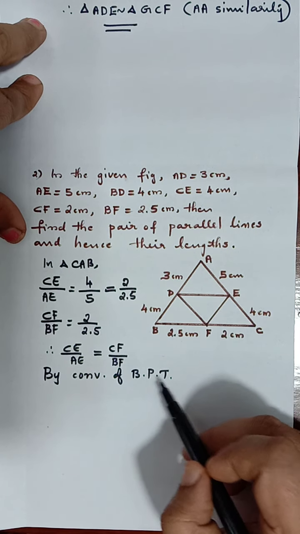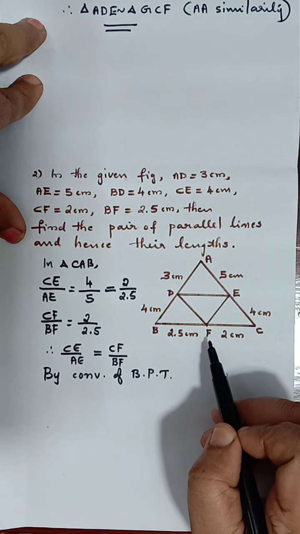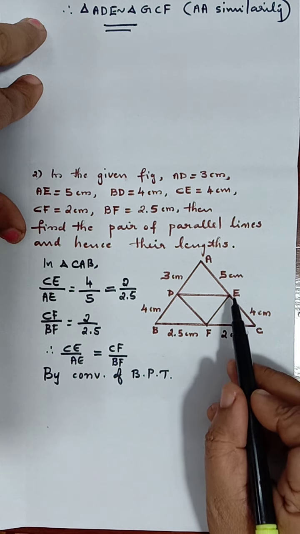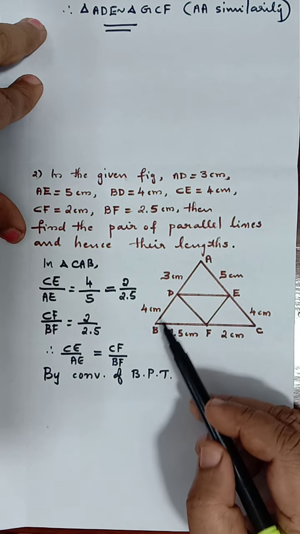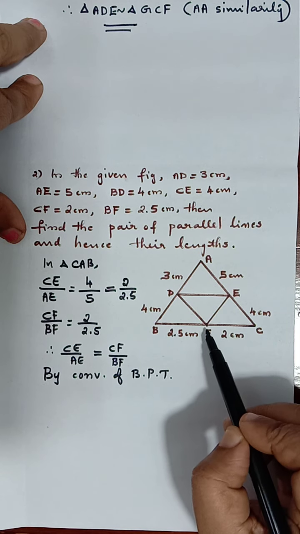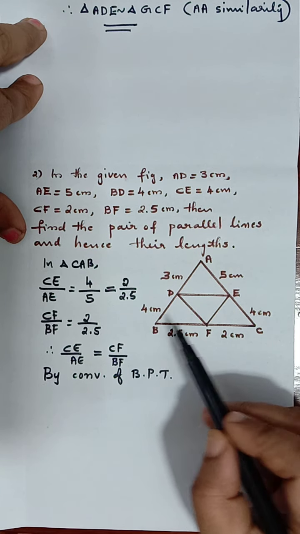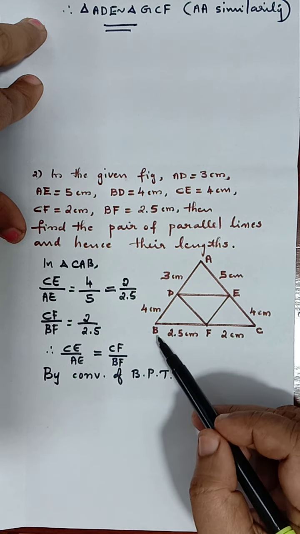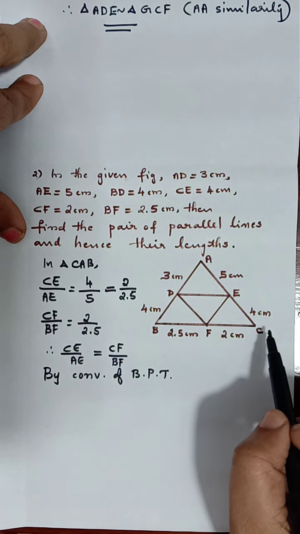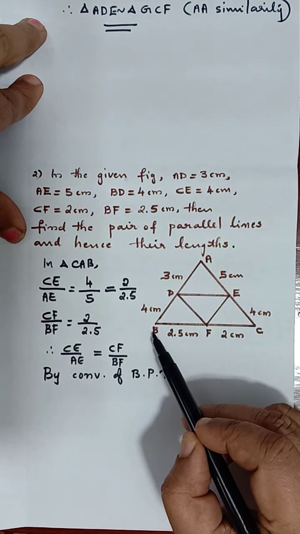In the basic proportionality theorem, we know if two lines are parallel, then the sides are proportional. That is, by BPT, if EF is parallel to AB, then CE by EA will be equal to CF by FB.